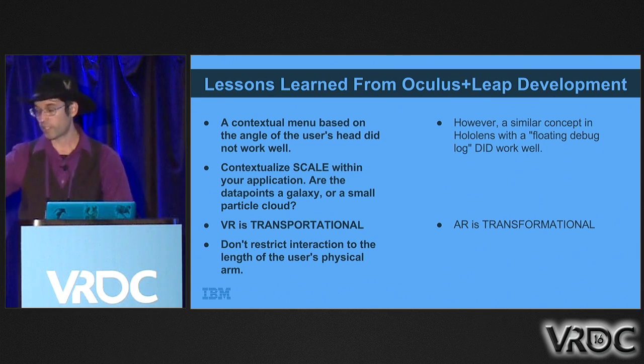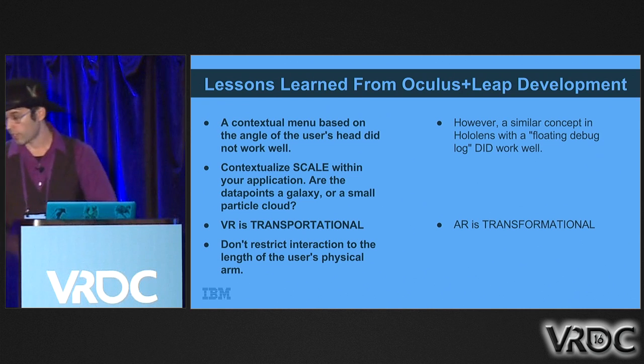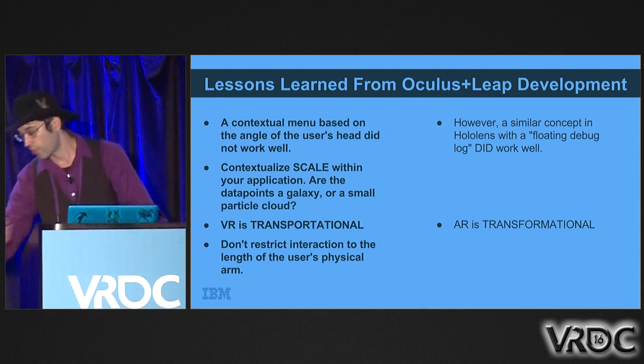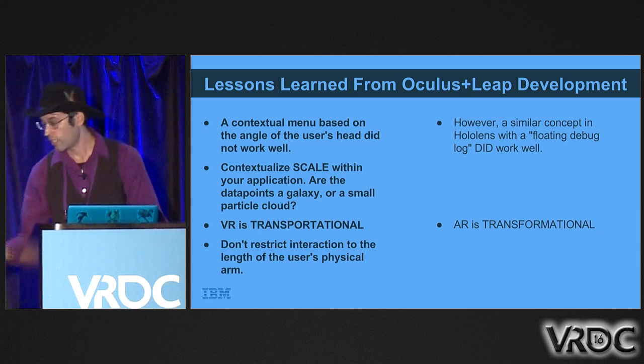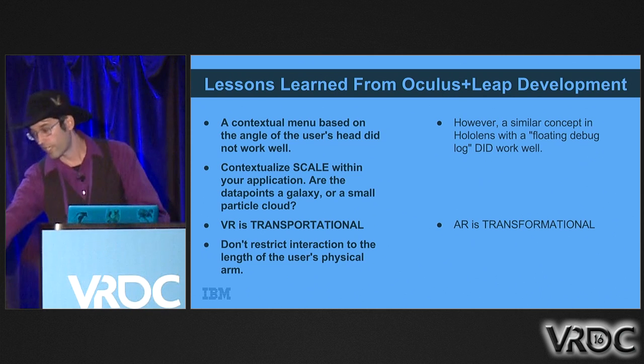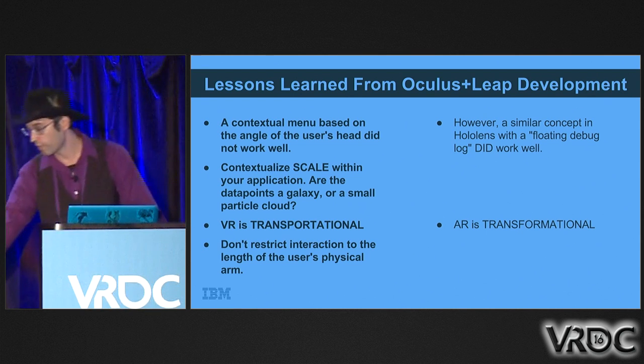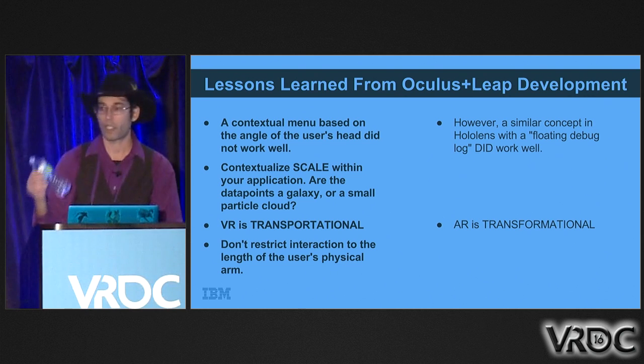I was trying to make this thing where you can manipulate graph data points like a social network. I was looking at a data point that was supposed to be on my desk, trying to grab it, and my arm was not long enough to reach it. I was like, why am I doing this to myself? Why am I forcing myself to be restricted?